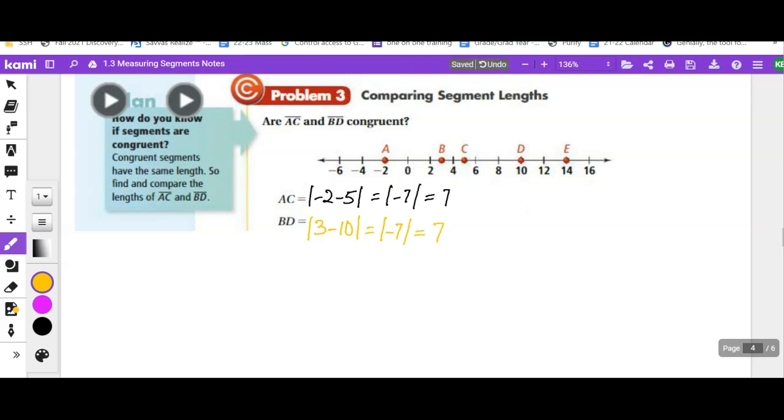So BD is equal to 7, AC is equal to 7. So to write this out, I would say segment AC is congruent to segment BD, which means that AC is equal to BD.